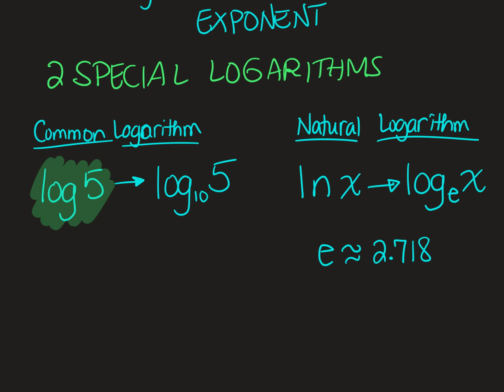There's no real other thing that you need to know right now about e, except that it's just a number. It's just a placeholder for a number. So again, the way we'll see the natural logarithm written properly is ln, and then whatever we're taking the logarithm of. So we have two special logarithms. Those are important for when we encounter those later on.